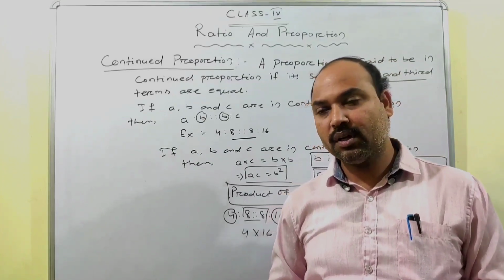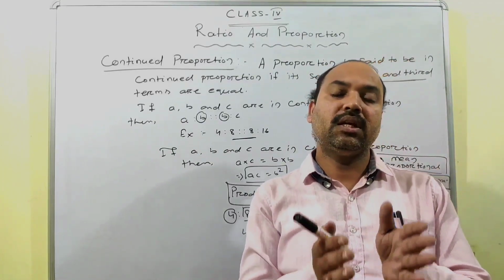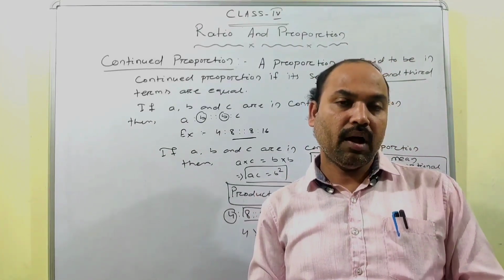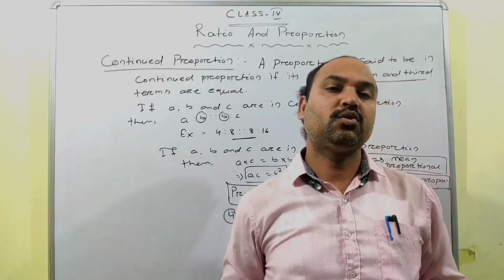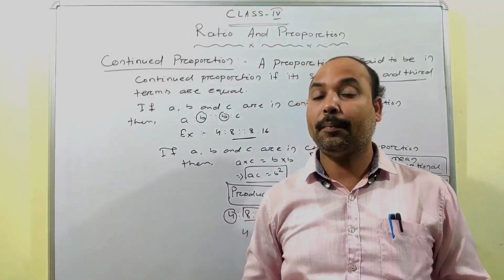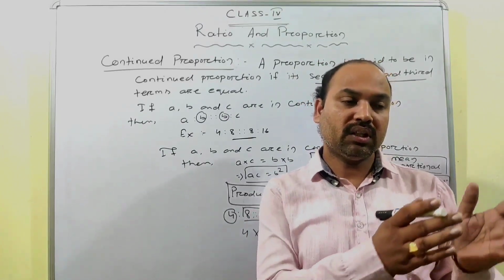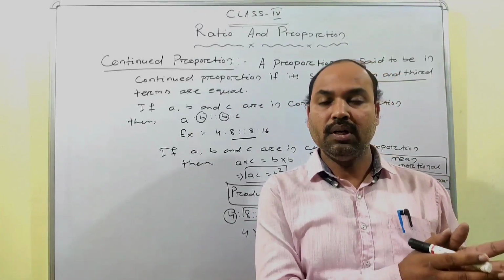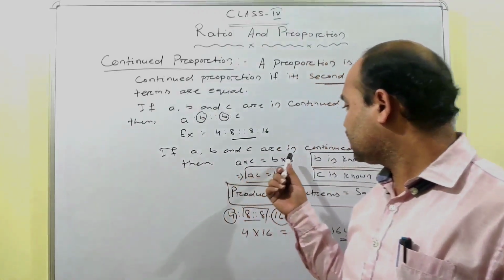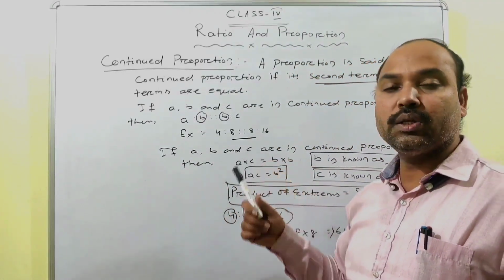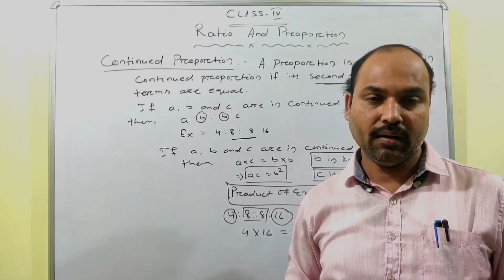The repeated term is known as the mean proportional. And the third term, C, is known as the third proportional.